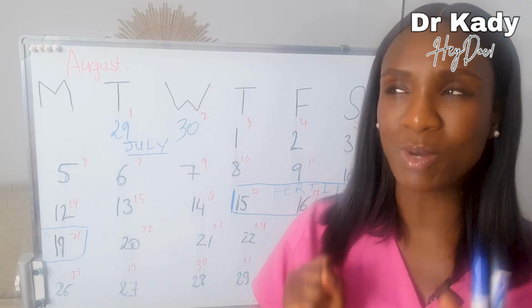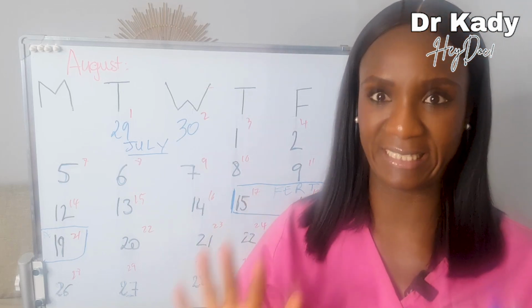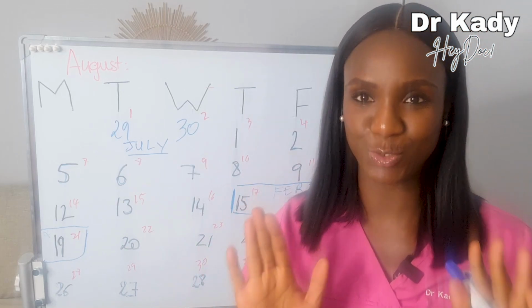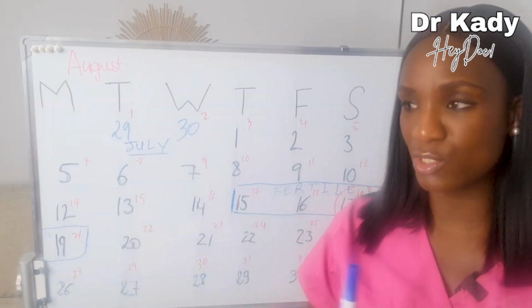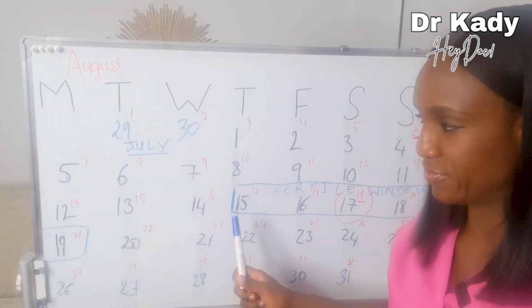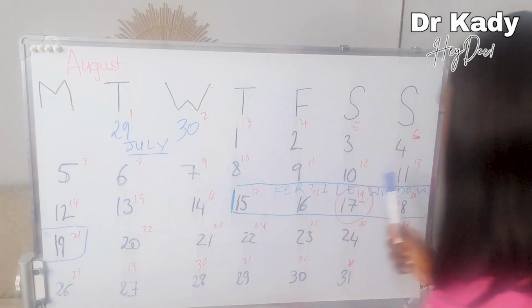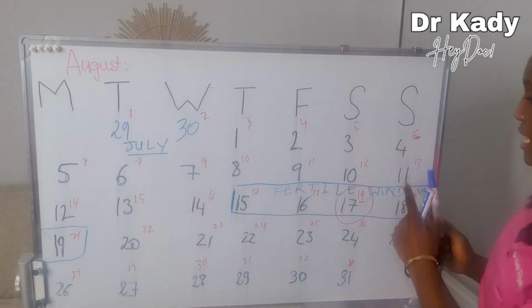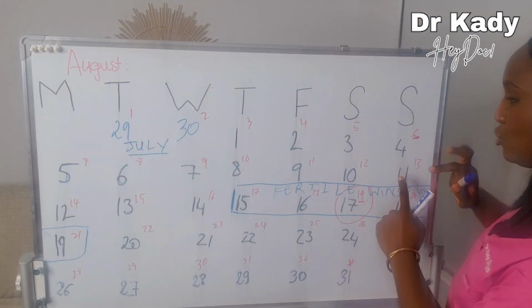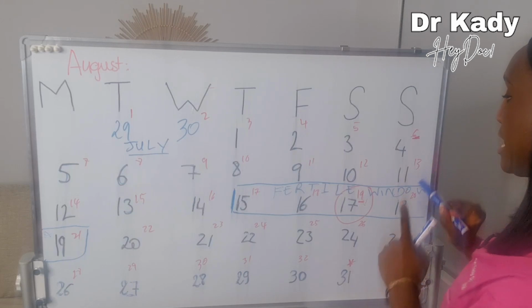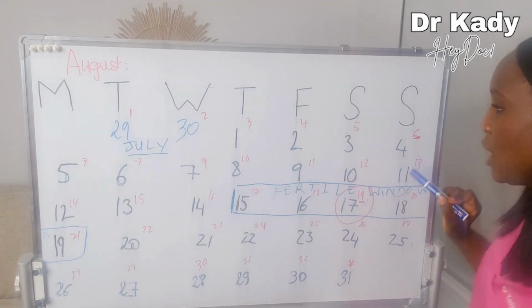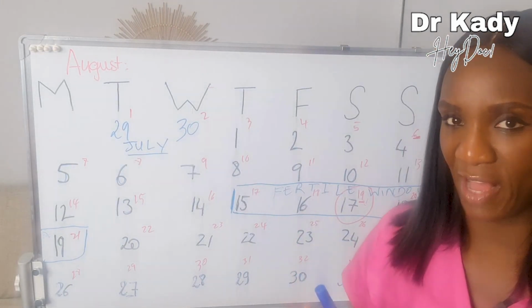For the ladies who are keen on not getting pregnant, they just cannot do with another pregnancy. If you start by including the 15th, so you go 1, 2, 3, 4, 5, and the earliest day that you could possibly get pregnant is on the 11th, you are really cutting it fine.